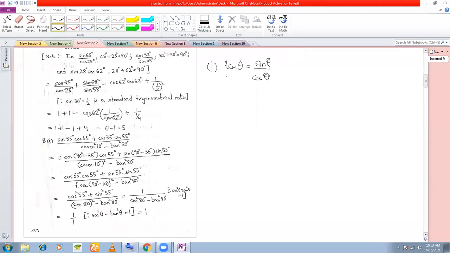So you'll require in this tan theta is equal to sin theta by cos theta. You will require also cot theta is equal to cos theta by sin theta.